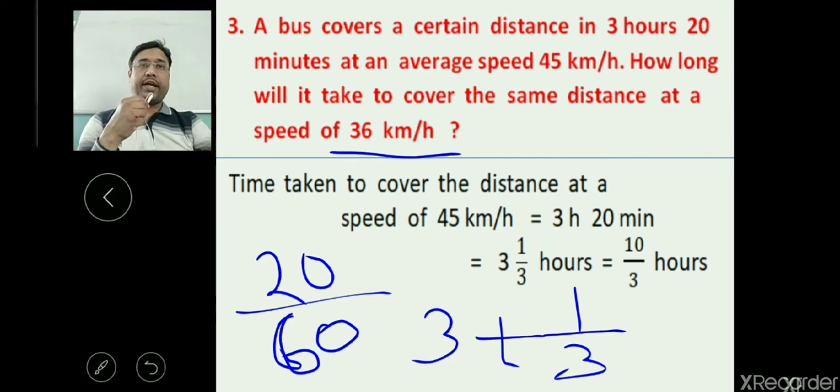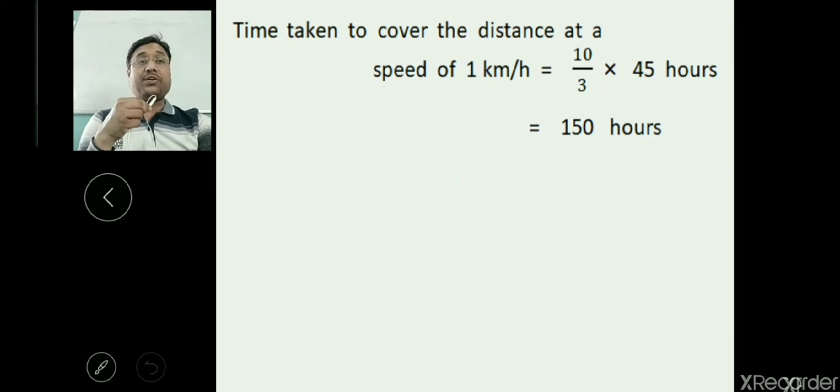Now you will find the time taken to cover the distance at a speed of 1 km per hour, because it is the unitary method. So the time taken to cover the distance at a speed of 1 kilometer per hour is 10 by 3 into 45.